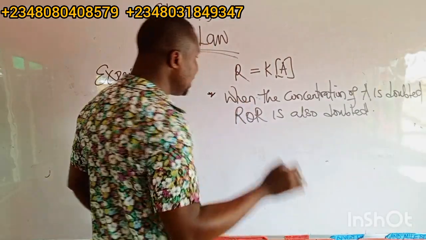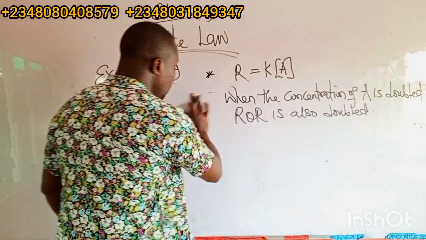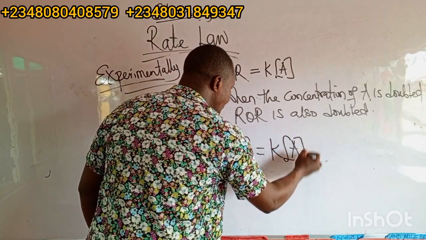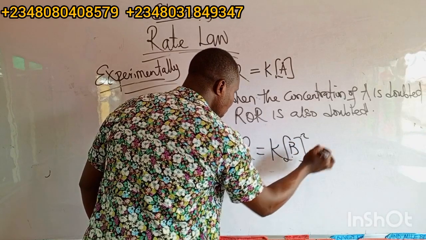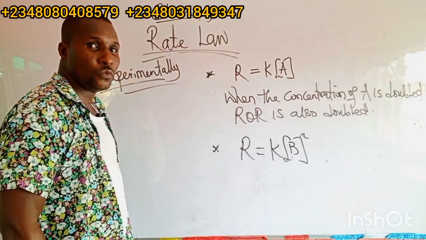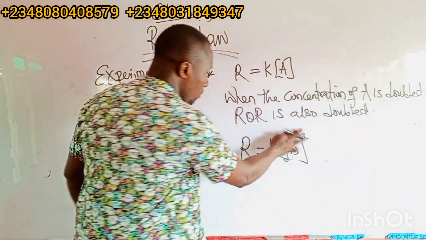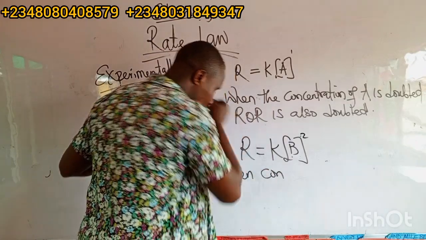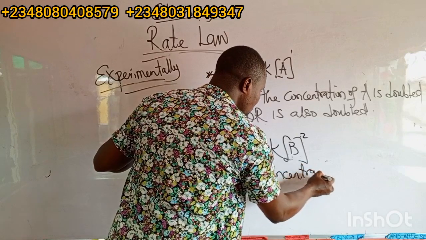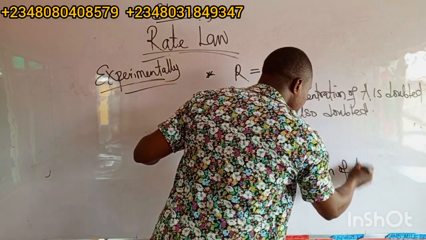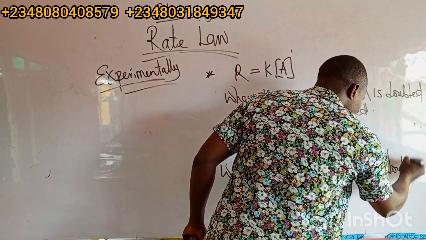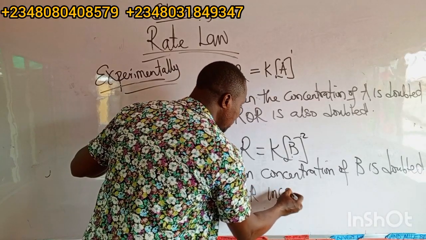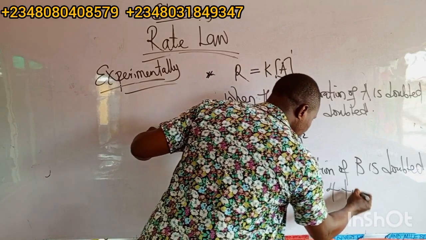Take note of that. In second order, where you have R equal to K times B raised to power 2, let me use B. In second order, when the concentration of B is doubled, the rate of reaction increases 4 times.